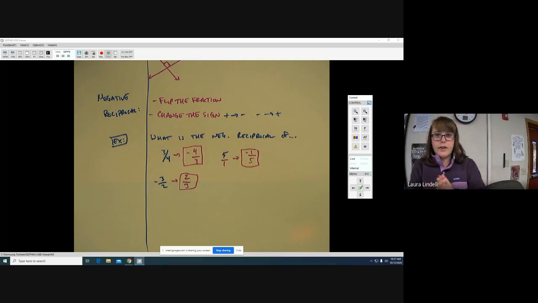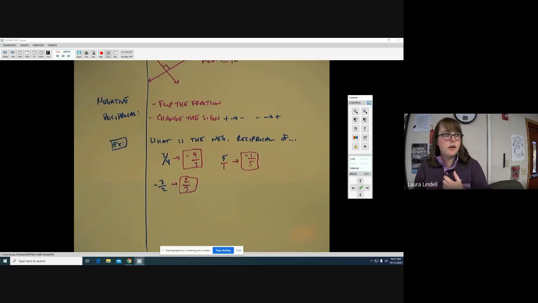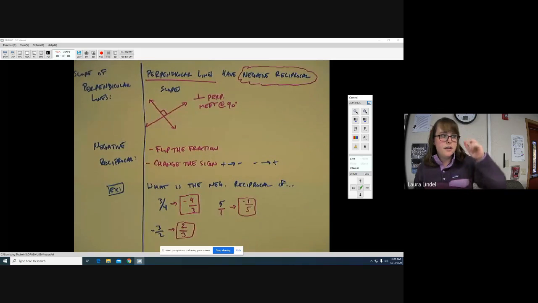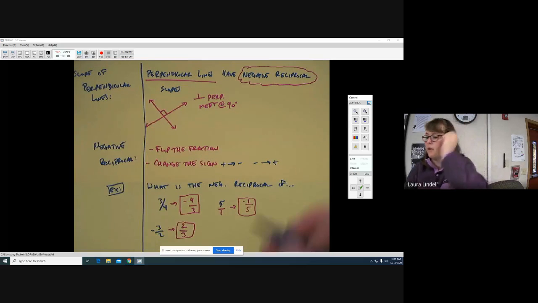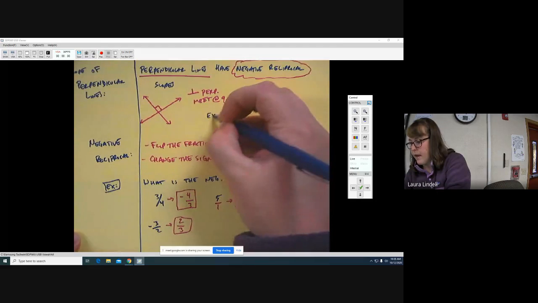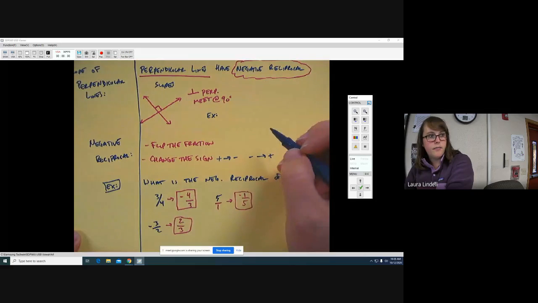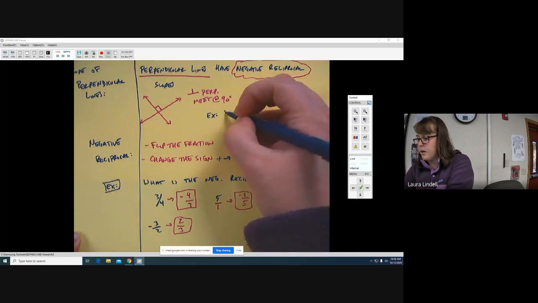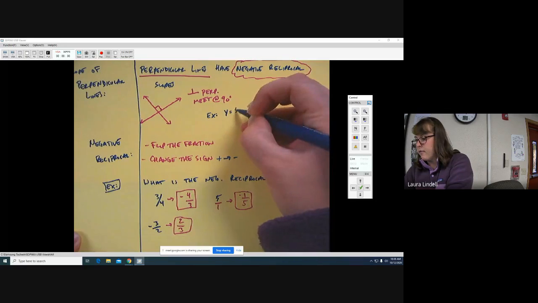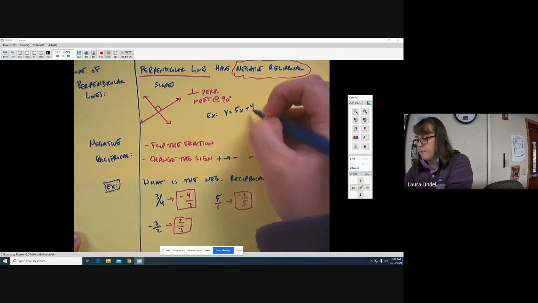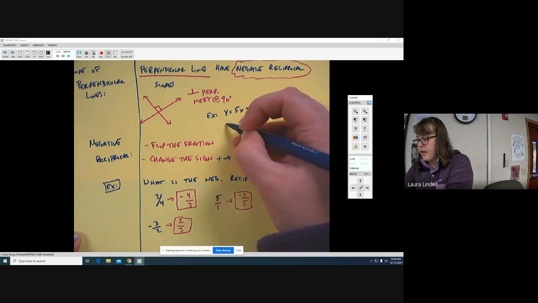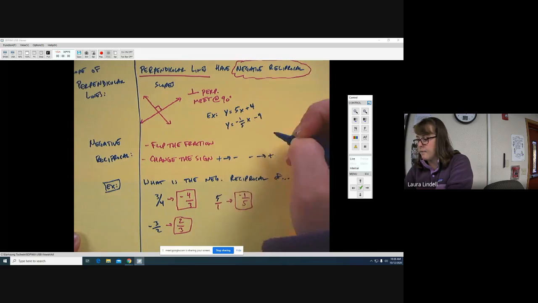So if we're looking for things that have negative reciprocal slopes, for my perpendicular lines up here, I'm going to add something to my notes. For example, if we had y equals 5x plus 4 and y equals -1/5 x minus 9.